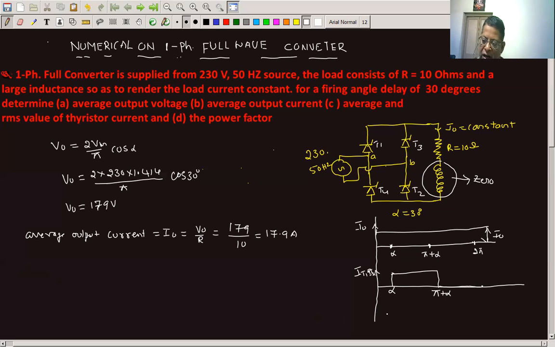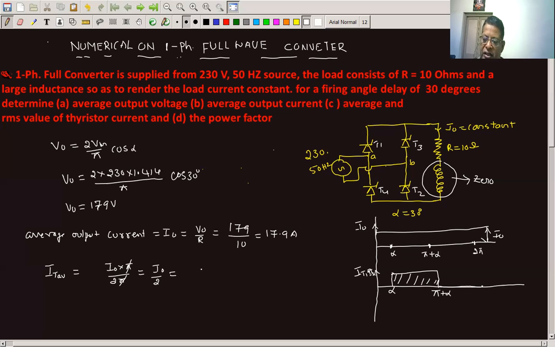Now if you find the average thyristor current, the area under this curve, we write IT average equal to I0 into pi by 2 pi, pi gets cancelled, so I0 by 2.